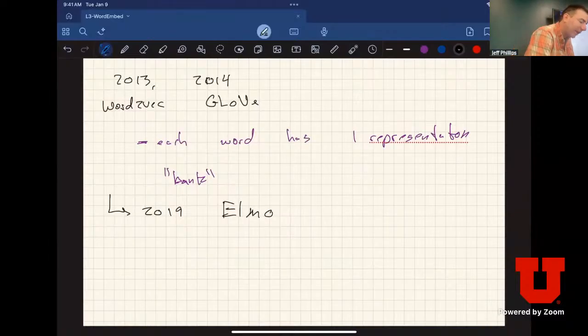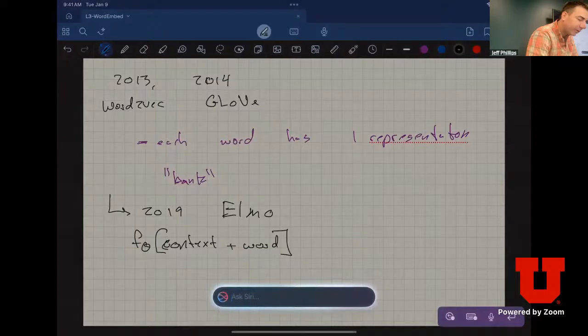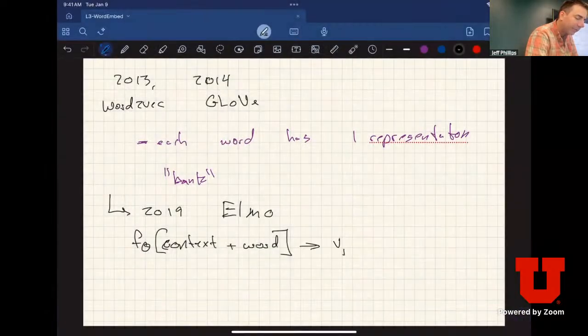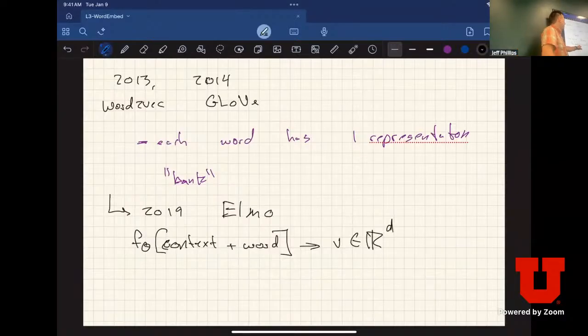They said, we're instead going to build a function, a neural network, that takes the context plus the word and maps it to a vector in d dimensions. So for every time I saw a word in a sentence, usually when analyzing a string of text, I would take the context with the word and embed it as a vector.